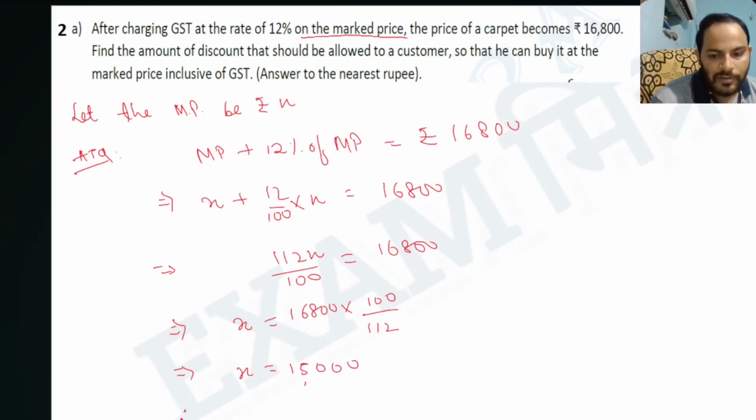That means the marked price is rupees 15,000. So we got the marked price. Now the customer is asking for a discount such that he has to pay only a total sum of 15,000 inclusive of the GST. So let's see how to do that.